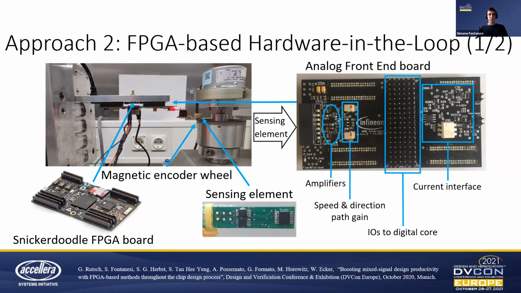So this hardware prototyping platform consists of a so-called Snickerdoodle FPGA board. This is commercially available and implements a Zynq 7000 system on chip. And then we developed an analog front-end board to attach on top, as well as the sensing element board. So this board can work in a real application environment and has also been shared with customers.